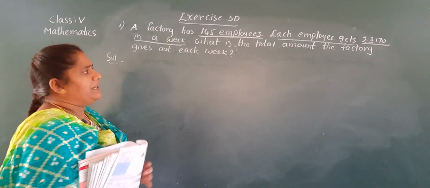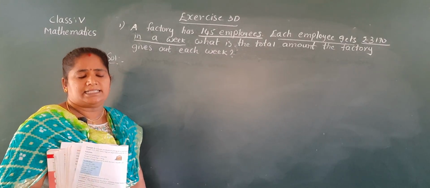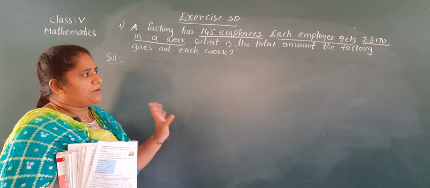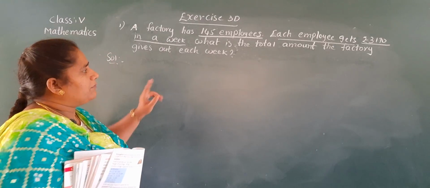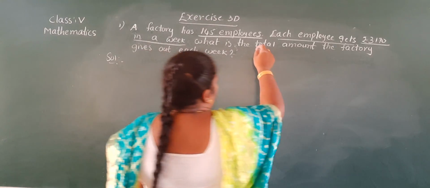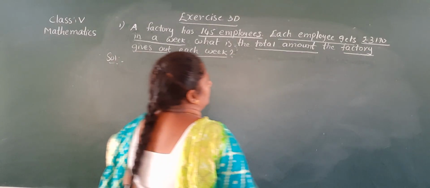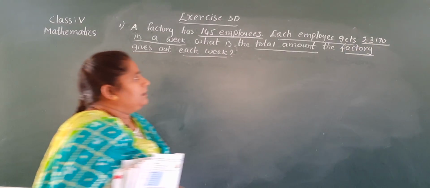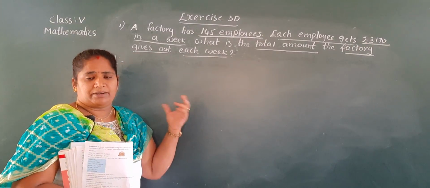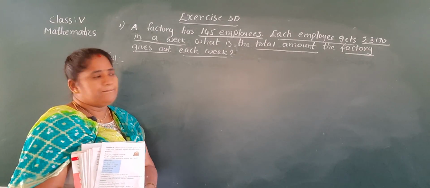So how much amount received each employee in a week? Yes, 3,170 rupees. So each employee gets 3,170 rupees in a week. Okay, and what is the total amount the factory gives out each week? Now we have to find how much total amount is given by the factory in each week.